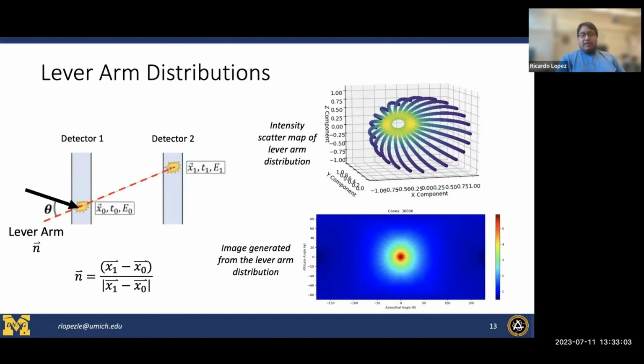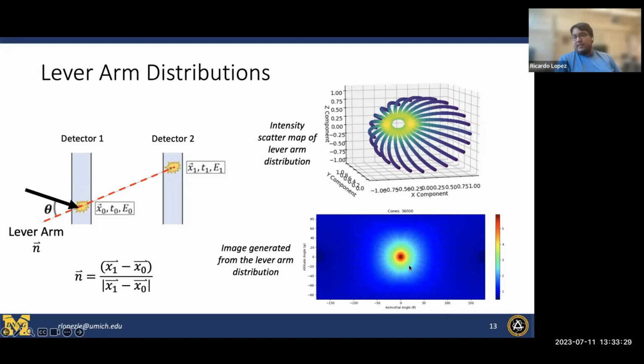Cool. One last quick thing with regards to all this simulation work. I mentioned before that we had this lever arm that corresponds to the vector between the two interaction points. It should be noted that if you create a scatter map of these lever arm distributions, they can tell you a lot about what you would expect the image generated from this kind of lever arm distribution to look like.